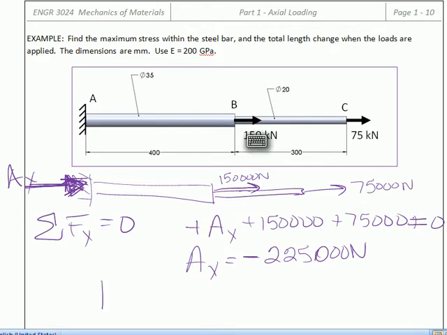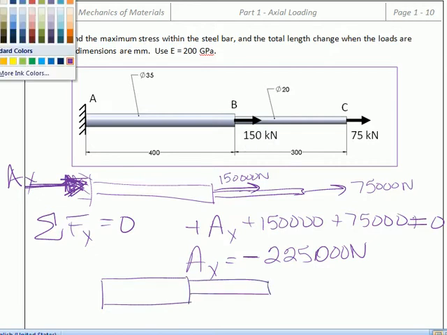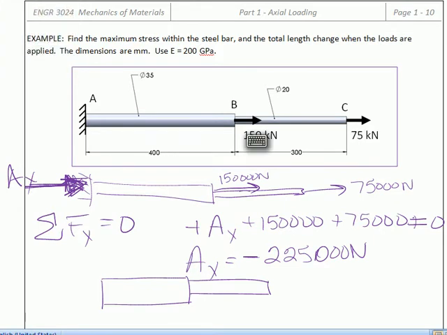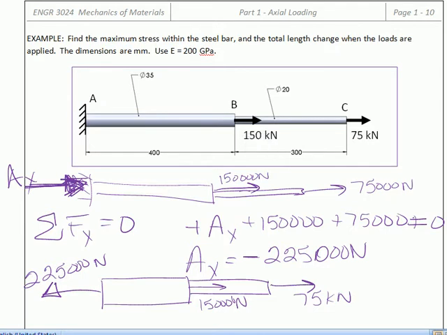So the actual state of affairs is a 225,000 newton force this way, 150,000 newtons at the diameter change, and 75,000 newtons on the free end.